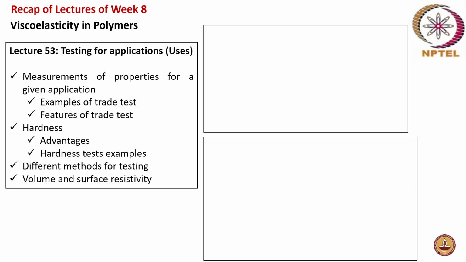What are the different methods of testing was also discussed, and there was a short discussion on volume and surface resistivity, right? Polymers in general are insulating materials, but the concept of surface resistivity plays a role because any material is going to interact with some surface.